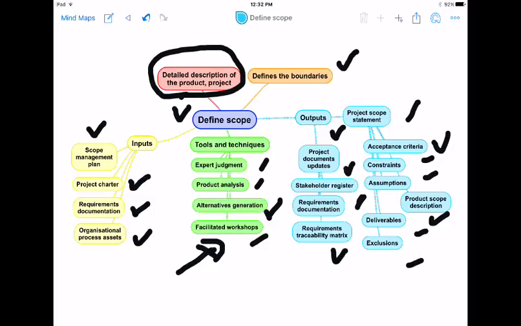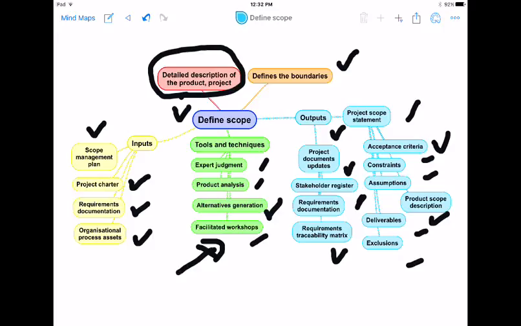We have to ensure that whatever requirements we have collected and whatever requirements we have shortlisted, each has a functionality in the product, and so we need forward traceability as well as backward traceability, starting from requirements to design to construction to testing and so on. So this gives an overall view of define scope.